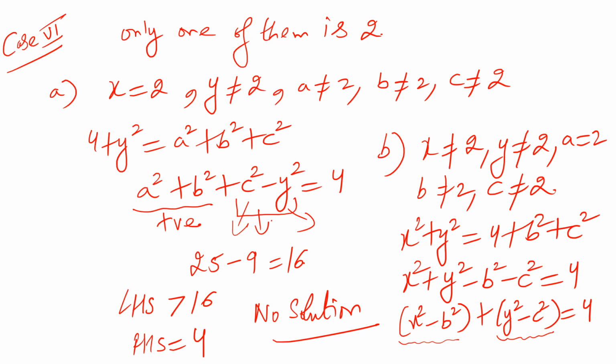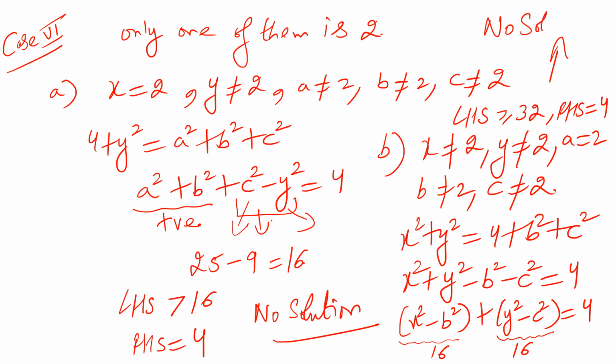So the minimum value, because again x, y, b and c cannot be equal to 2, we have to put in the values starting from 3. So the minimum value for this expression can be 25 minus 9, which is 16, and for this also 16. So that means in this particular case, LHS is greater than or equal to 32, whereas RHS is just 4. So again, there is no possibility in this situation.